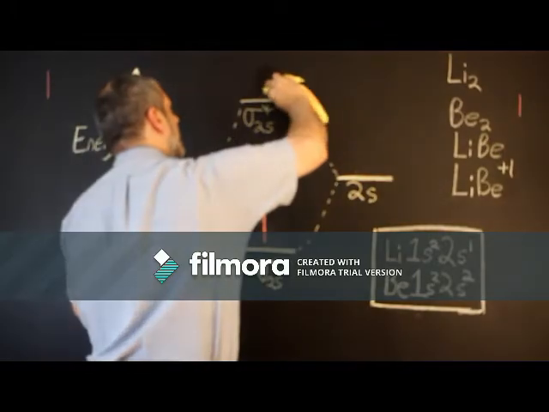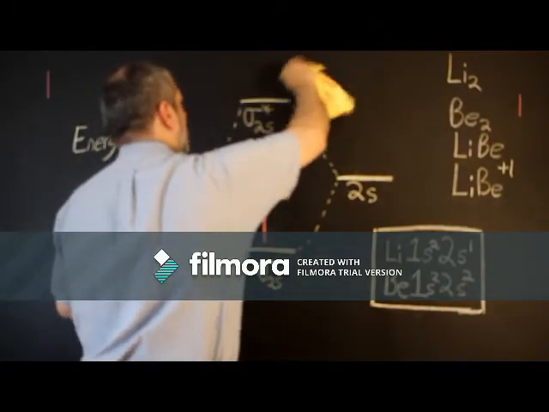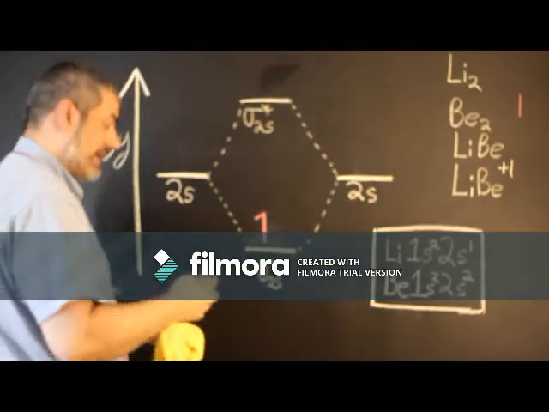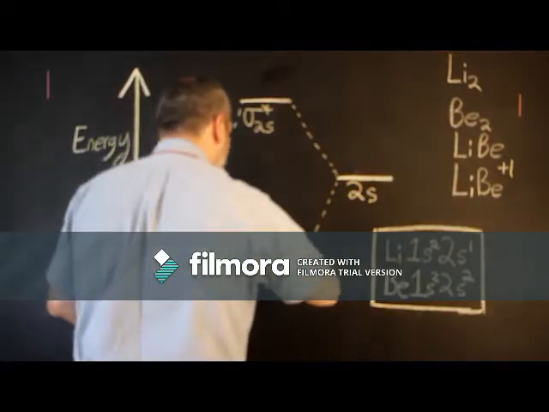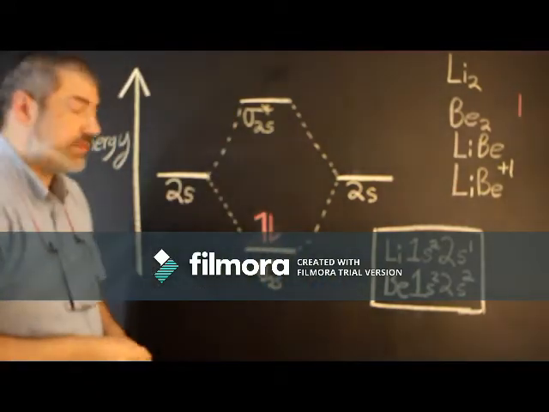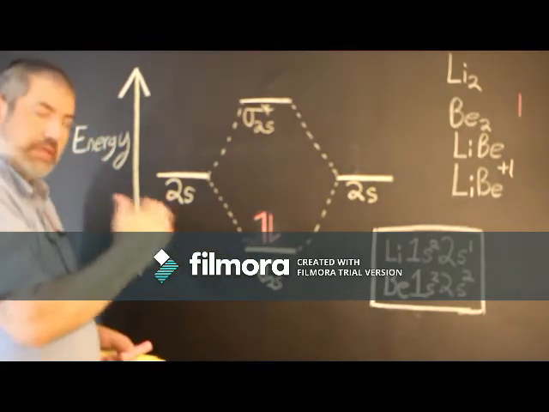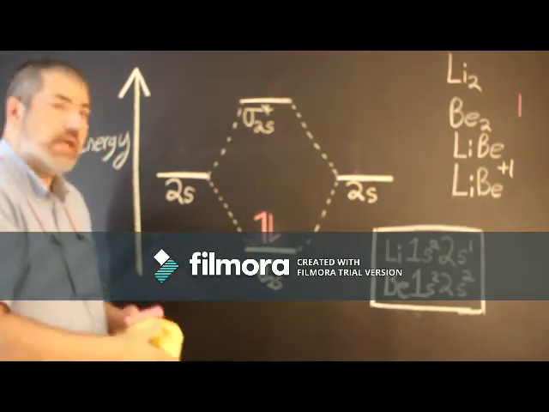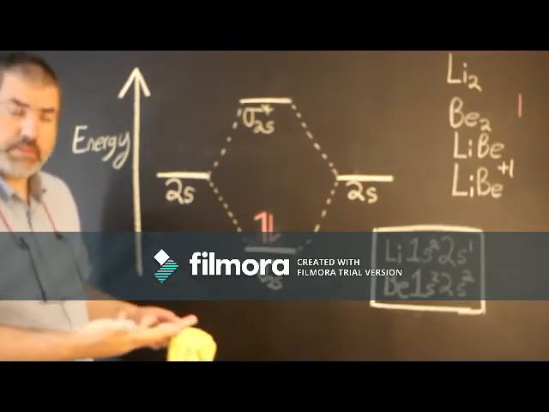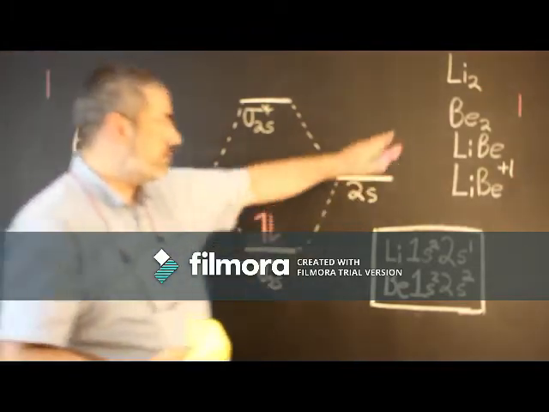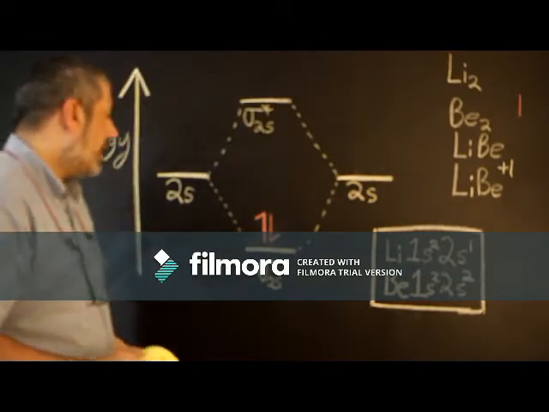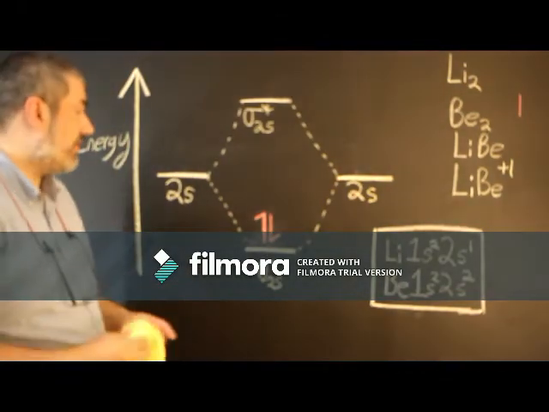So unless I were to ask for something explicitly like an excited state, that would not be viable. So bond order of 1.0, and it is diamagnetic. With a bond order of 1.0, in theory, a diatomic lithium molecule could exist. It'd have a single bond.